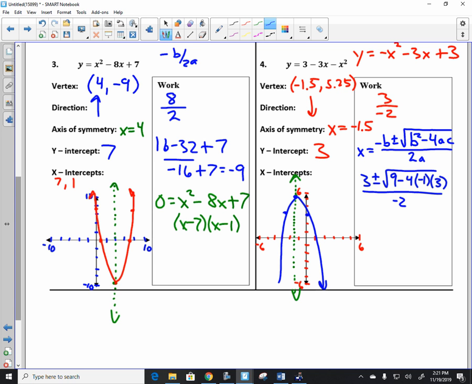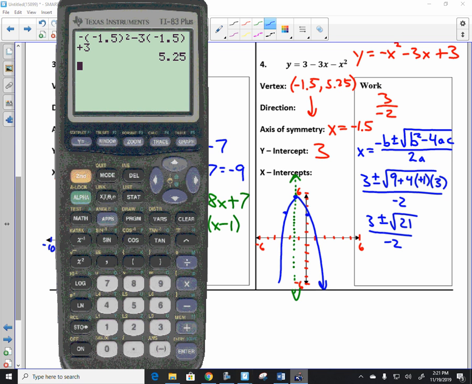I got 2 of them, so that's going to make a positive. So I get 3 plus or minus, what do you have underneath the square root sign? 21. That will tell me my x-intercepts.